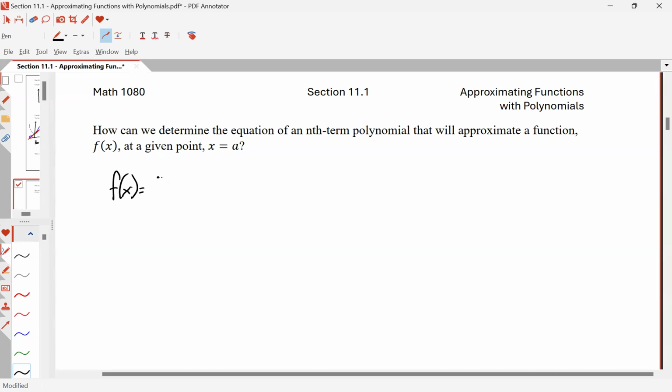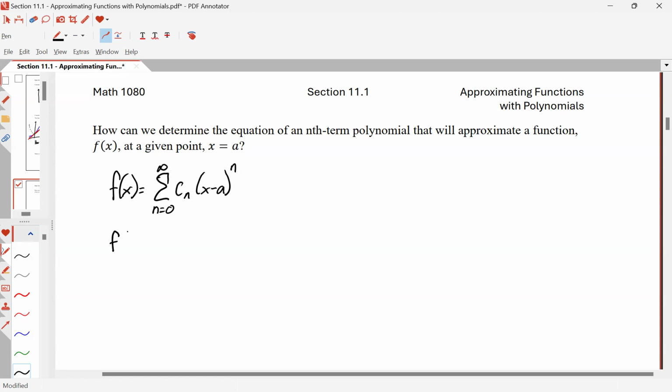So f of x equals a power series, n equals 0 to infinity of c sub n x minus a to the n. And this is what we are looking at in that power series section.